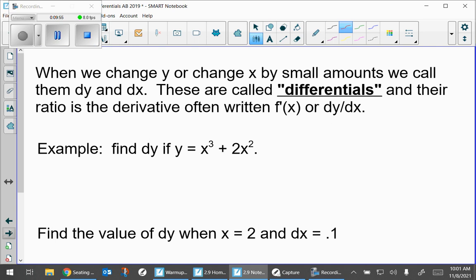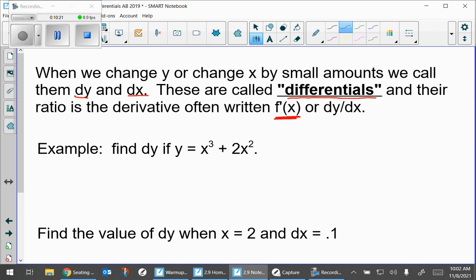Let's see. Well, we're good on equations of tangents. Now, when we change y or change x by small amounts, we call them dy and dx. These are called differentials. And their ratio is the derivative.